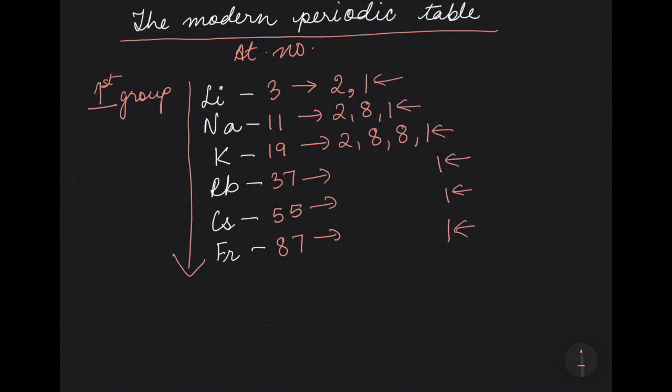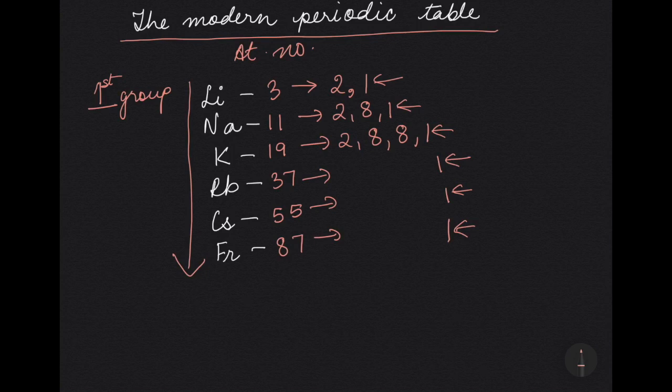Properties that reappear at regular intervals, or in which there is gradual variation, that is, a slow increase or decrease at regular intervals, are known as periodic properties, and the phenomenon is known as periodicity of elements. And I already told you the main cause of periodicity: it is the recurrence of similar electronic configuration.